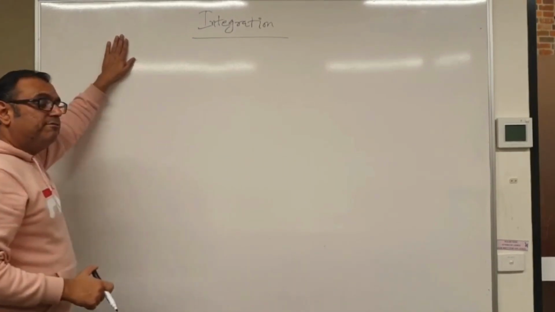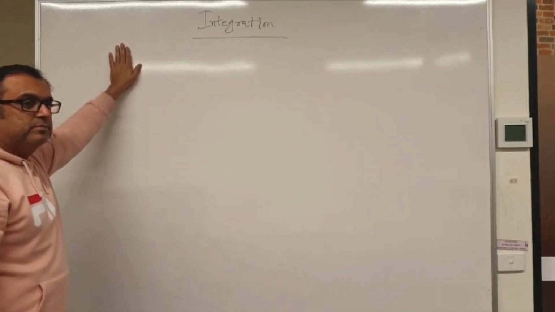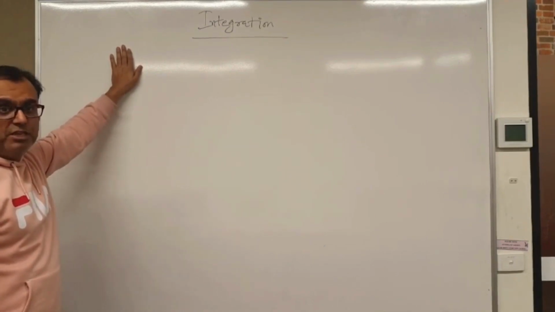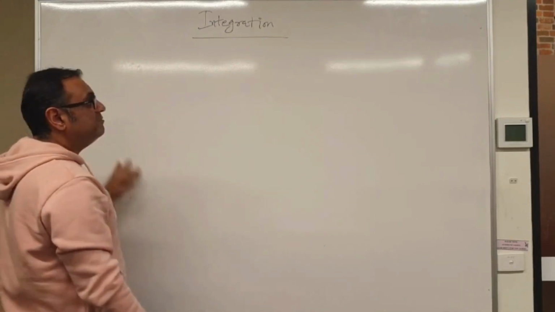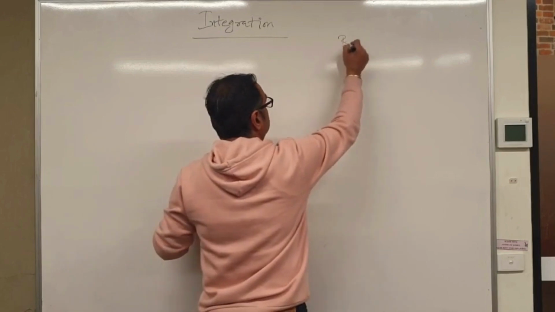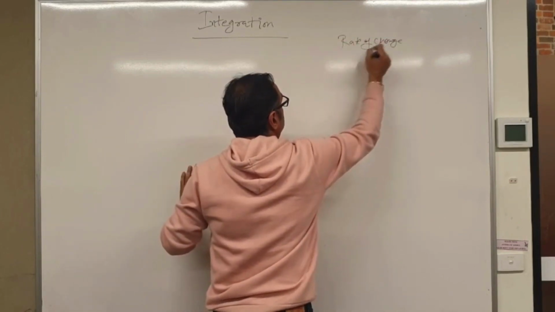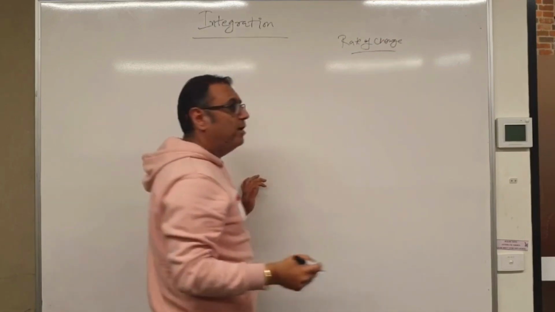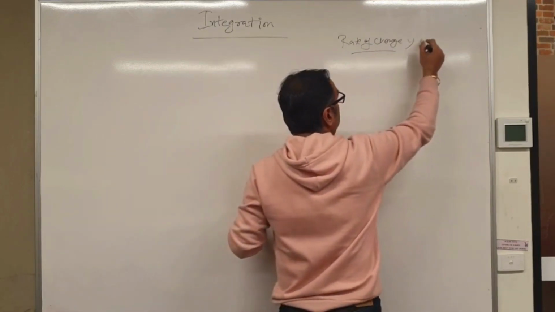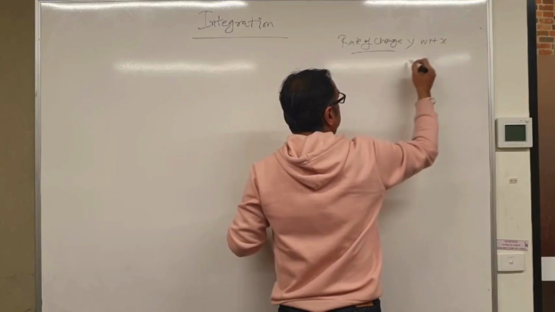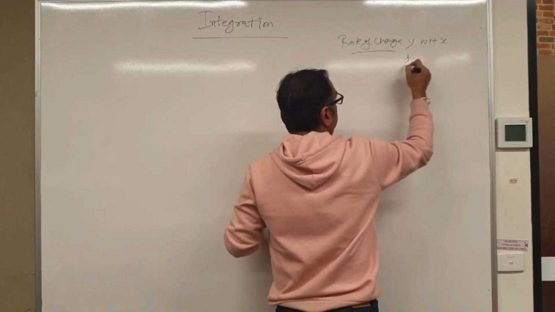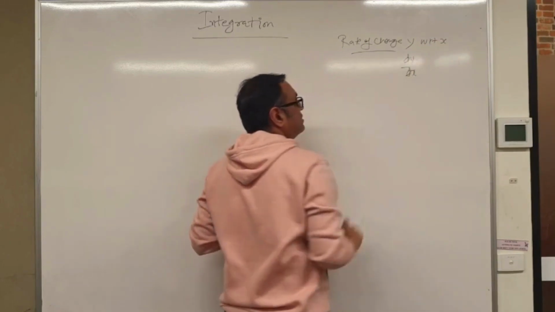The world of differential calculus, or differentiation, helped us find the rate of change. Rate of change of y with respect to x, and we used to call it dy by dx.